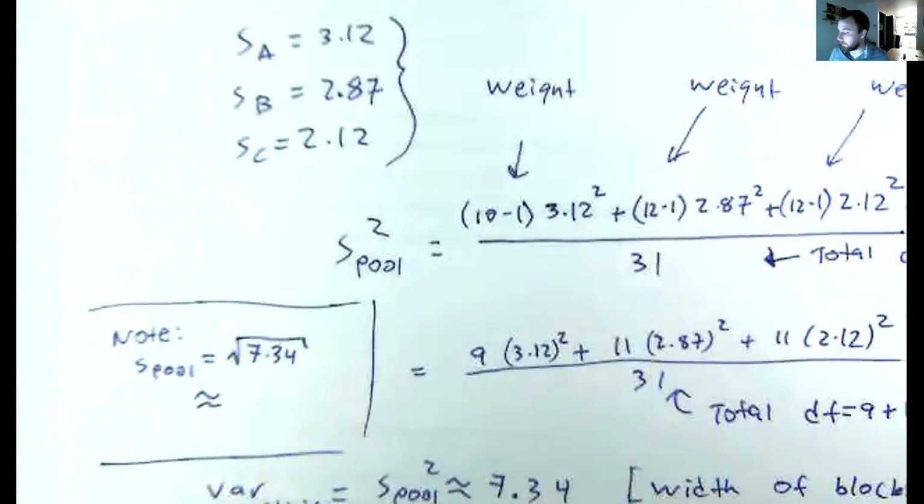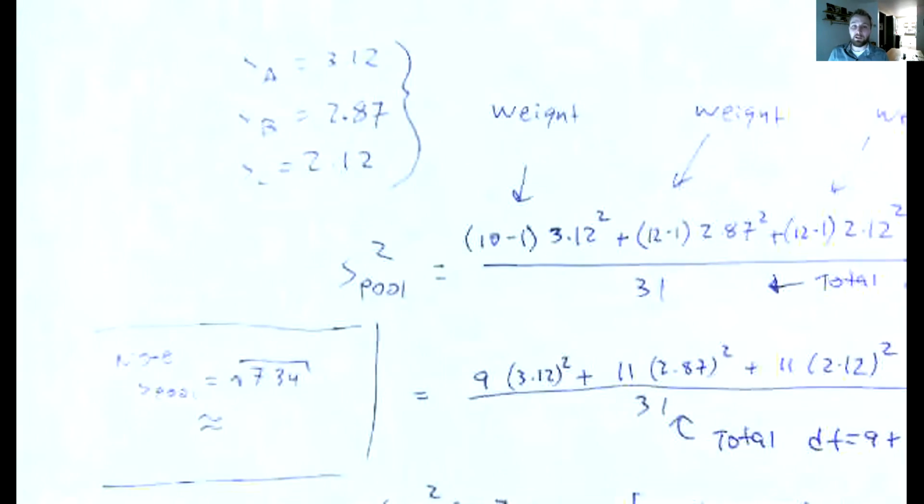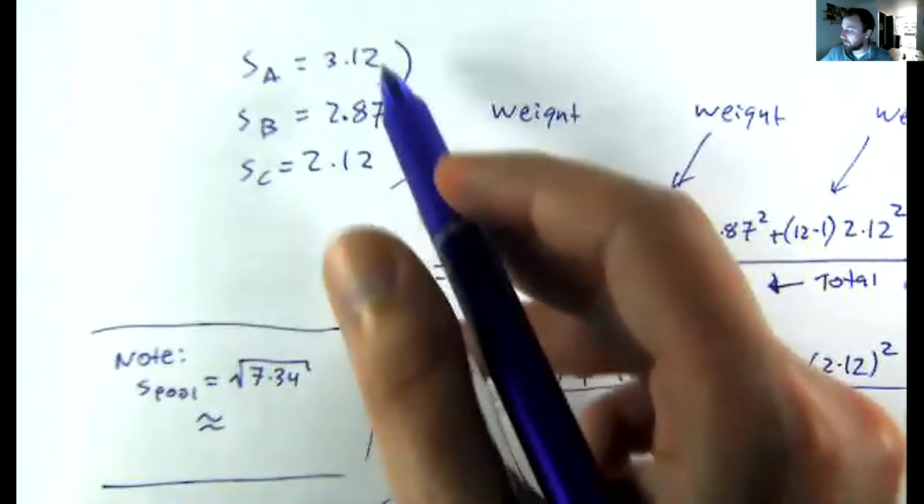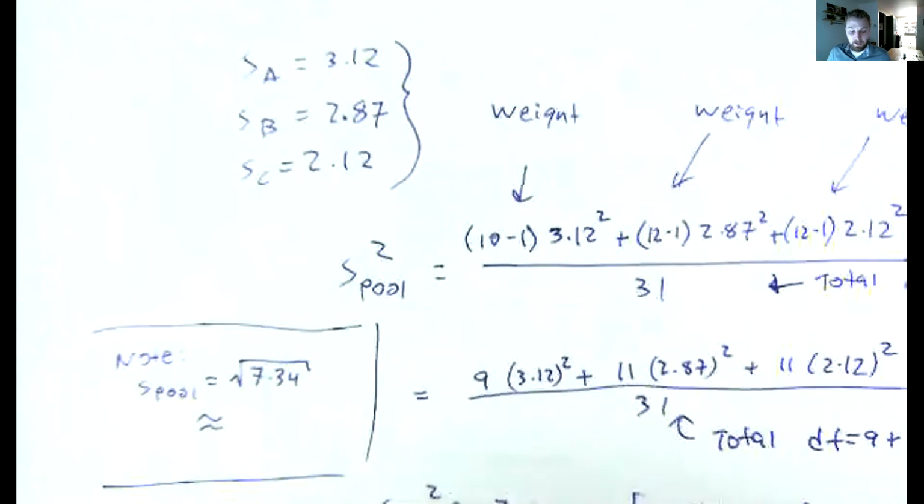Now here was my goal for looking at this variation within: I wanted to take all these standard deviations and kind of pool or average them out. So I'm seeing some things are in like 2s, some things are in like 3s. I'm hoping that if I average or pool these things out, I'm going to get something like a standard deviation of 2.7. In a lot of ways, this is the standard deviation for my entire data set.